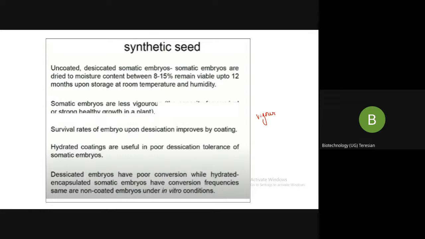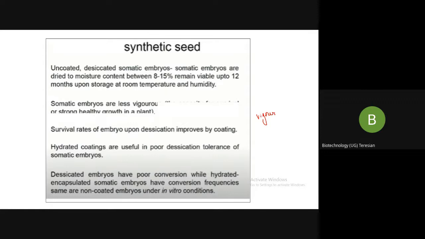That is known as vigor. So you have developed the embryo and that embryo is going to develop into a plant. So it is the time period it takes to regenerate into the whole plant and the protection from the environment, because you're not going to do this in the laboratory.